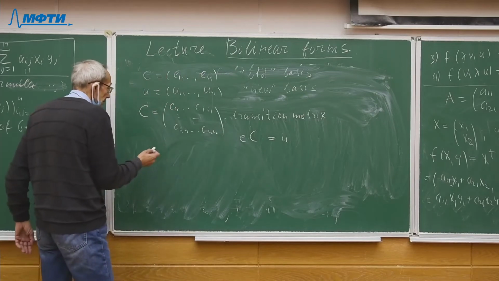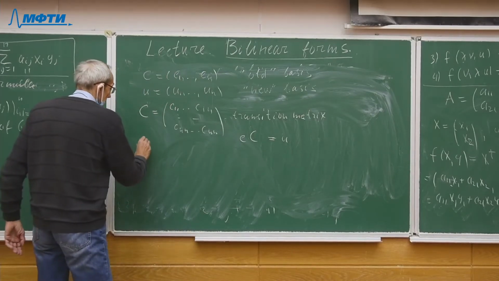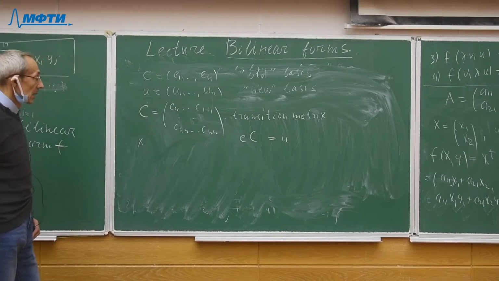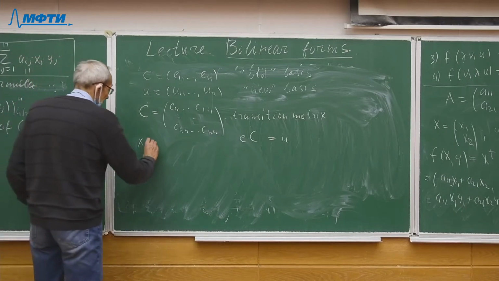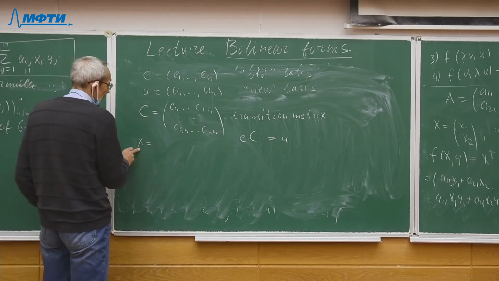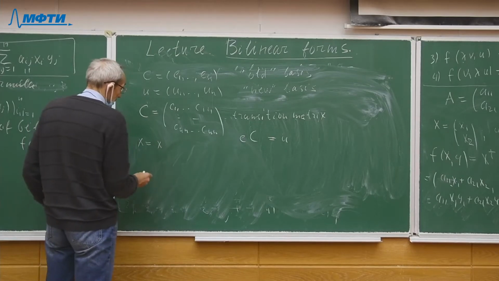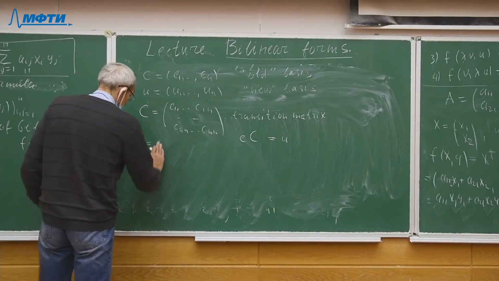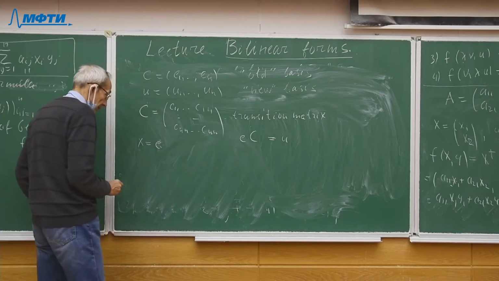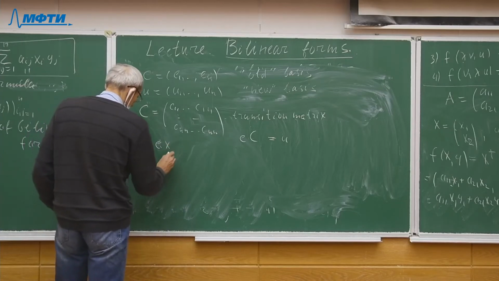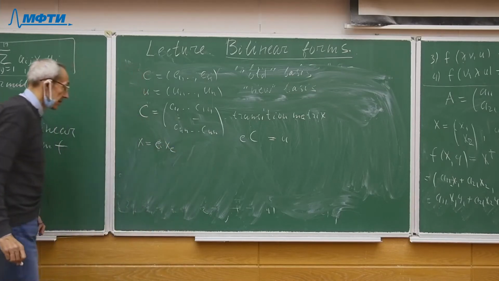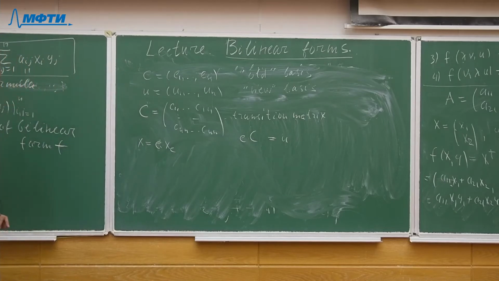We also, using matrix notation, can rewrite the vector X as the product of the basis E and the coordinate vector XE.